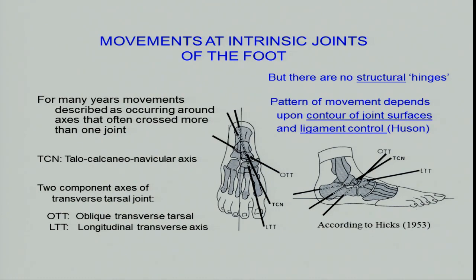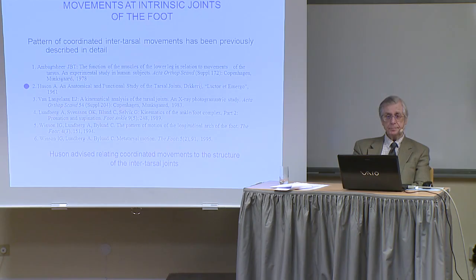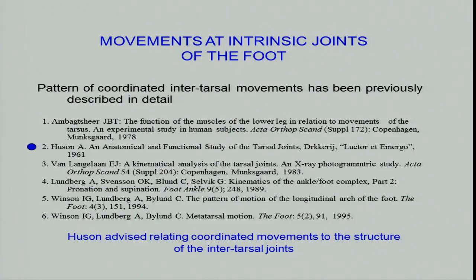And Huson very wisely said that the movement must depend upon the contour of the joint surfaces and the ligamentous control, so that there was a certain pattern. So that was published in 1961.